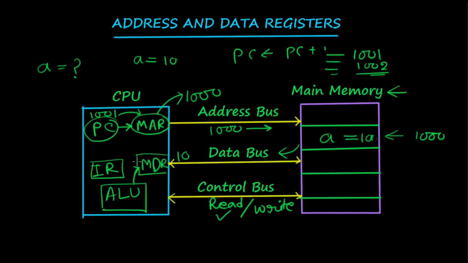From that MDR, as it is an instruction, it will reach the IR, and it will then be decoded as well. So this is how the read, write and instruction fetching operations are done through these registers. I hope that up to this much you have understood how these basic operations are done inside a computer.